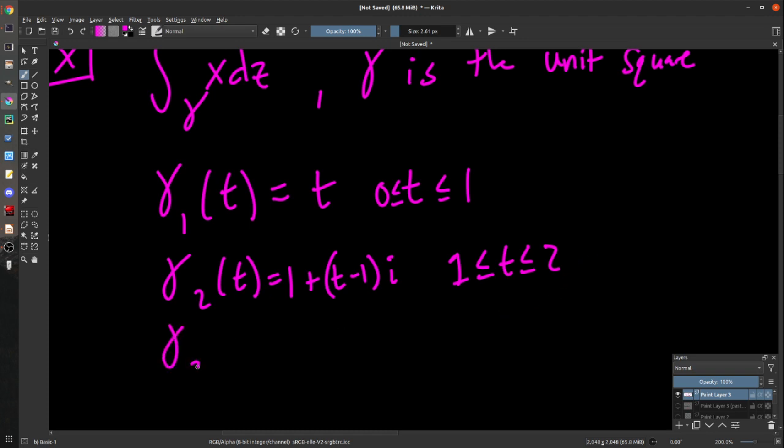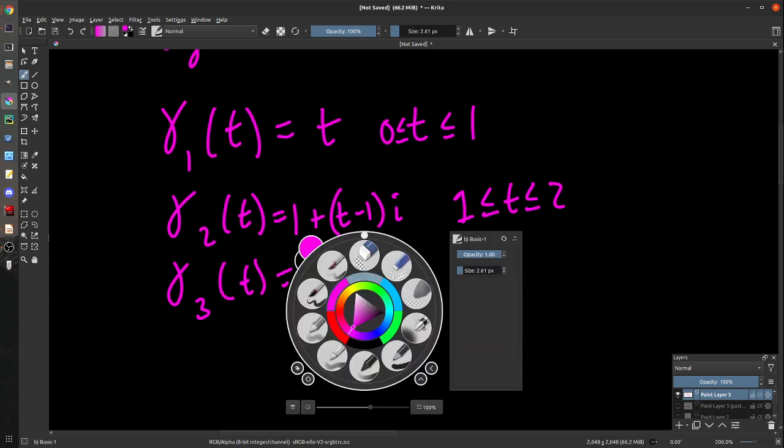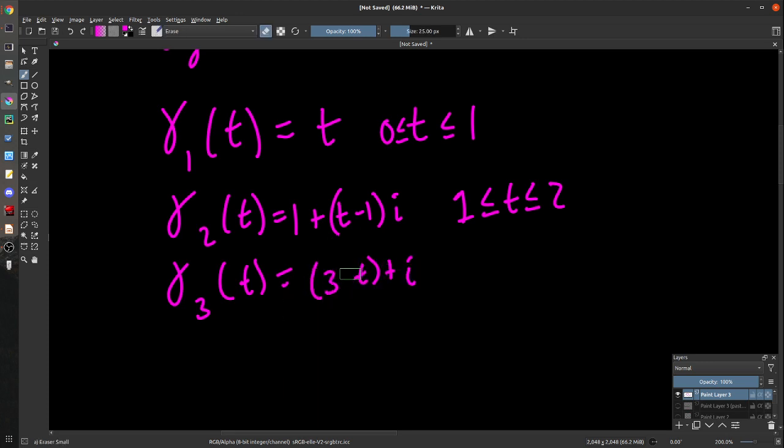I'll just put the actual parameterization here. If you want to verify later that it works, I encourage you to. Gamma 3 is 3 minus t plus i.